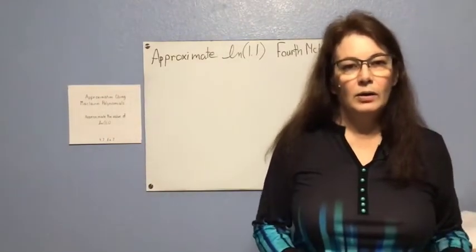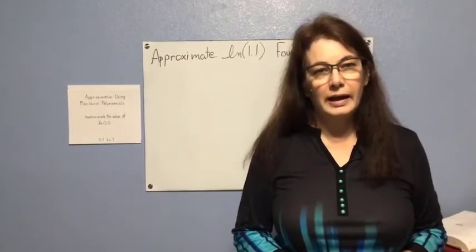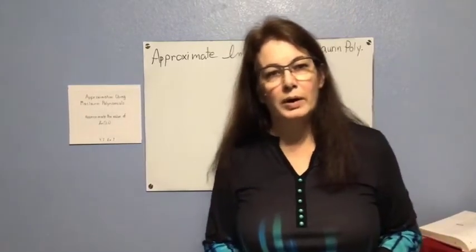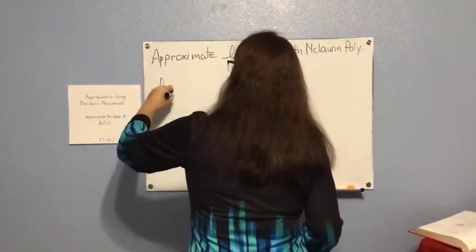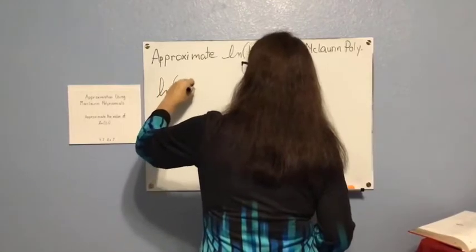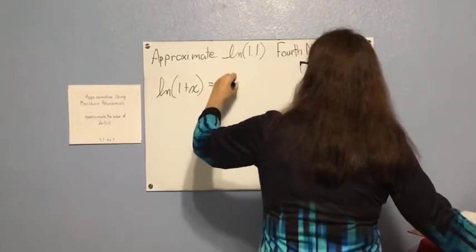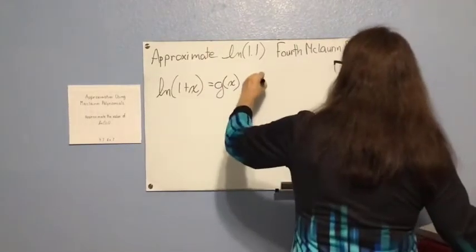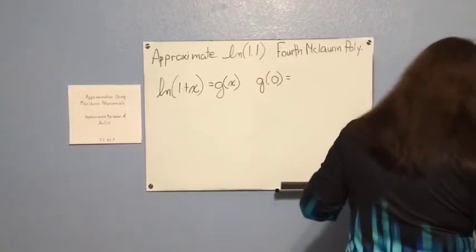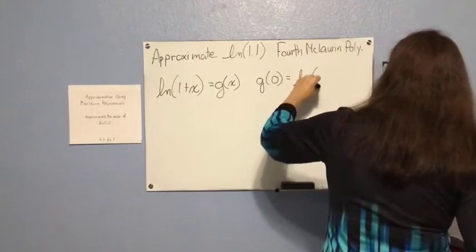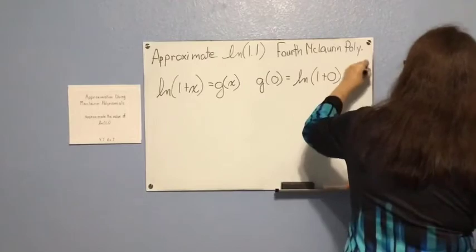And because 1.1 is closer to 1 than it is to 0, we'll be looking at natural log of 1 plus x. So this is our original function. So we'll call this g of x. And so g of 0 would be the natural log of 1 plus 0, which is 0.